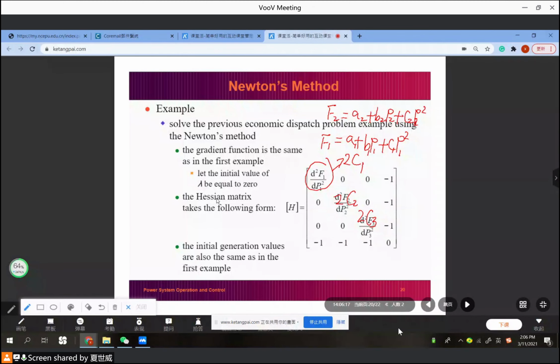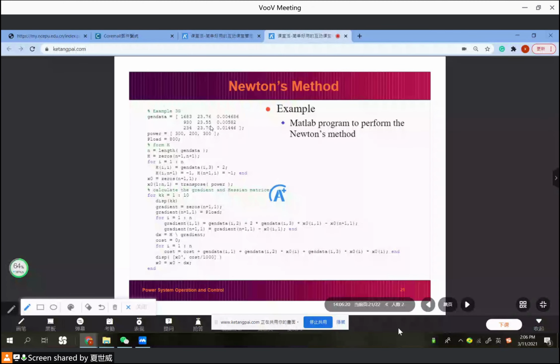So based on this, I have shown you an example. For example, this column is for A, B, C, and this is from P1, P2, P3, which means generator 1, generator 2, and generator 3. This is A1, B1, C1, A2, B2, C2, A3, B3, C3.